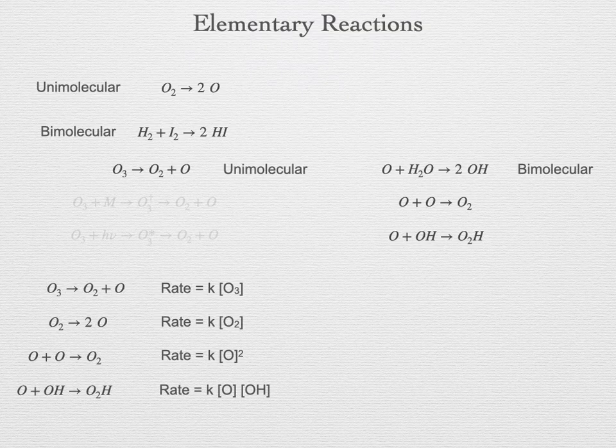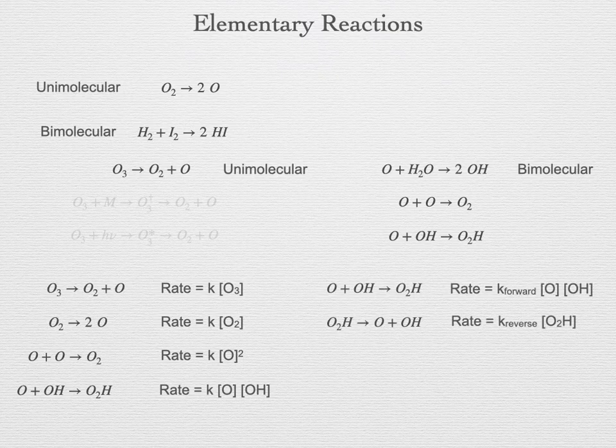In contrast to rate equations associated with a balanced reaction equation, the exponents in the rate equation of an elementary step are always equal to the coefficients of the reactant species in that elementary reaction step. Now, this is because the elementary reaction step does imply that the reaction consists of those reactants colliding with each other and the product molecules exiting from the activated complex. Remember that it is only reactants that can appear in the rate law for an elementary reaction step.